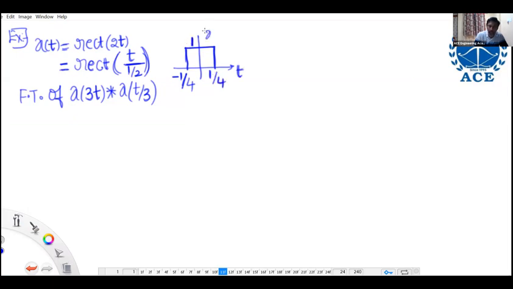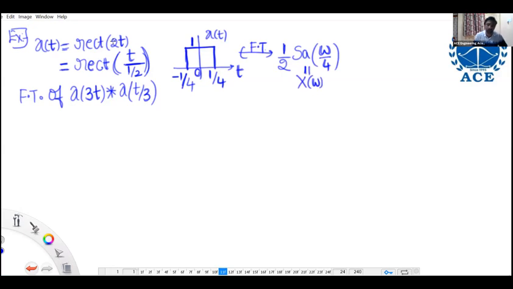Tell me directly what the Fourier transform is. Width is half, so minus 1 by 4 to 1 by 4, or not? So directly, the Fourier transform is area half, SA of omega into positive width. Positive width is how much? 1 by 4. This is X of omega.